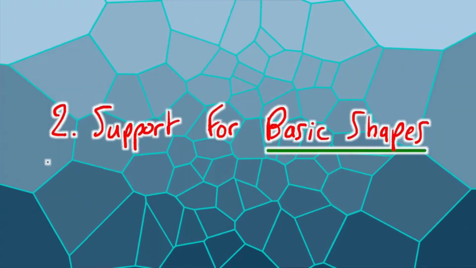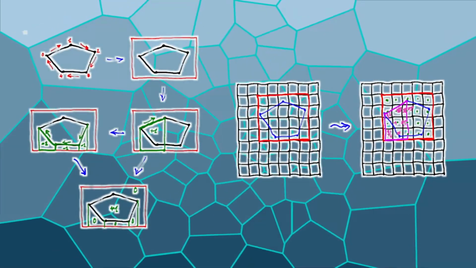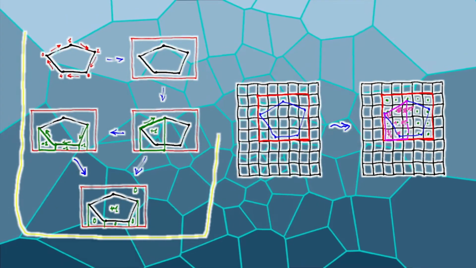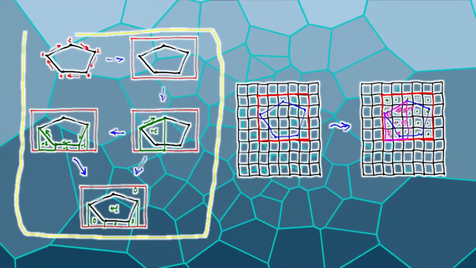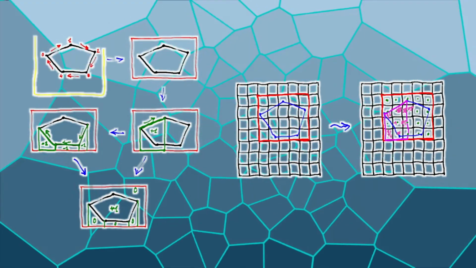Next point I would like to discuss is the support for basic shapes in the rendering system. Actually, I had already explained in a previous video how the system I have currently works for the rendering on the GUI, and this is mainly based on using paths to do the rendering.